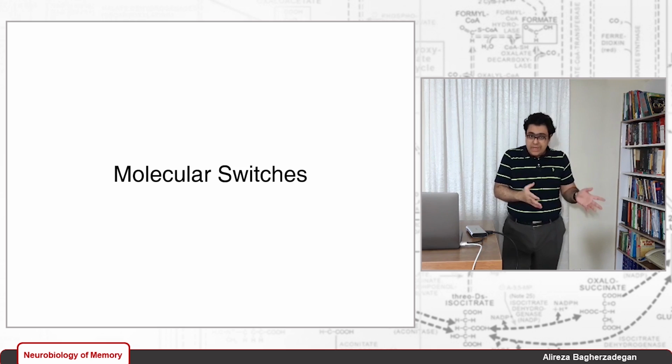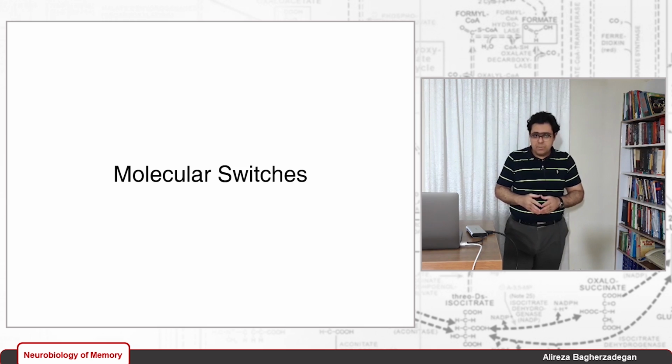Phosphorylation, which is the mechanism I'm going to talk about later in the next lecture, is one of the common mechanisms for switching a protein on or off. Not any biomolecule, I mean some particular biomolecules. So this is the concept of molecular switches.